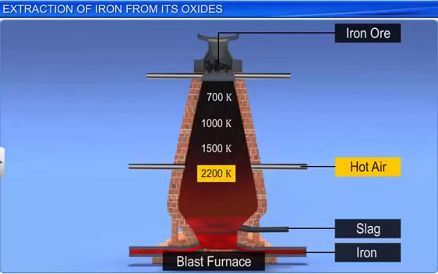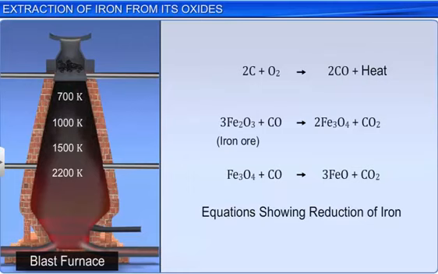When the coke burns, it produces carbon monoxide and the heat required for the process. The heat produced moves upwards along with the carbon monoxide. The temperature at the top of the furnace is lower, and hence, iron oxides like Fe3O4 and Fe2O3 get reduced to FeO in different stages. This corresponds to the intersection points in the curves which we just discussed.